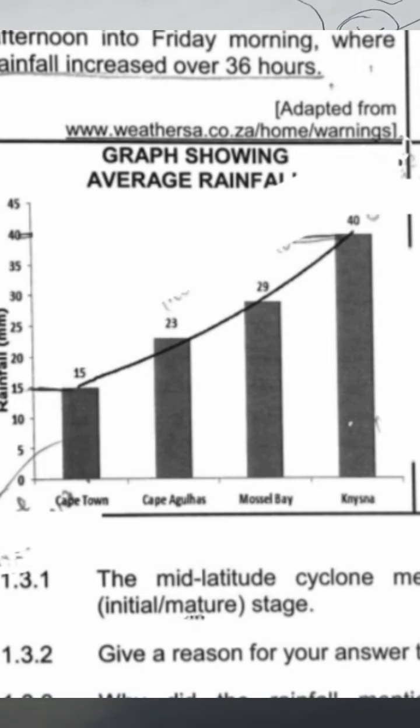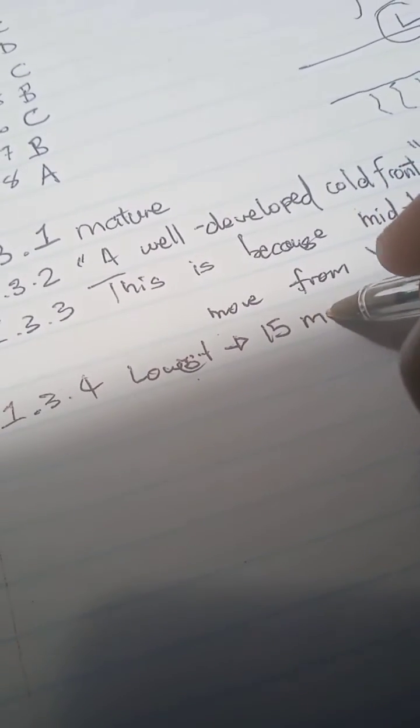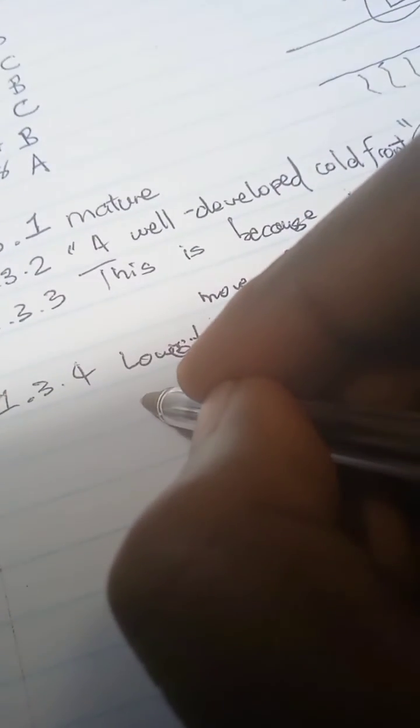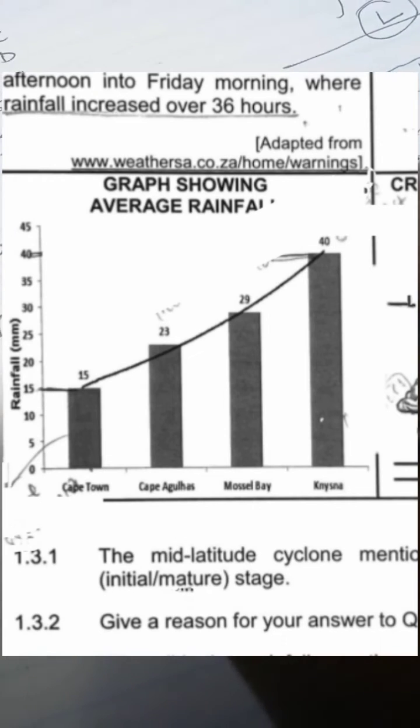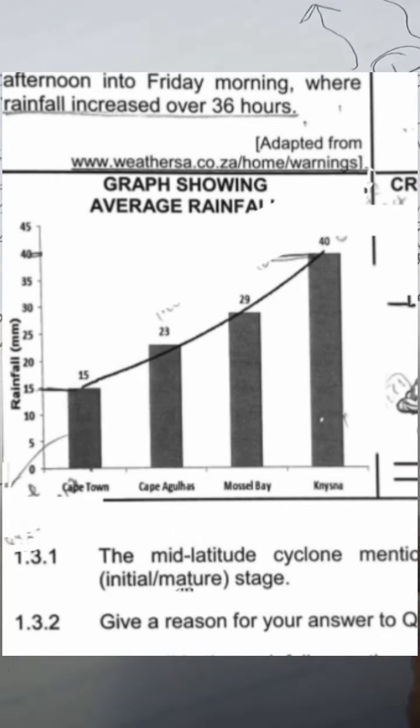The lowest was in Cape Town, and it was 15 millimeters. Very important that you write down these SI units. And then of course the highest was in Neisner, which was 140 millimeters. So there we go. That's the highest and lowest. You just take that from the graph.